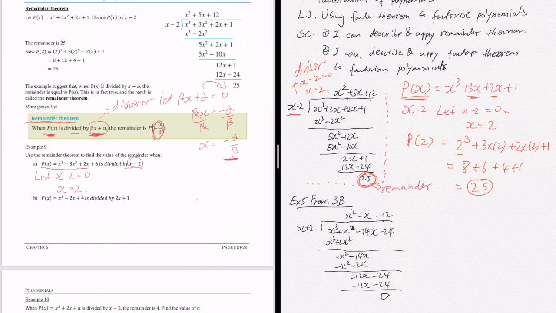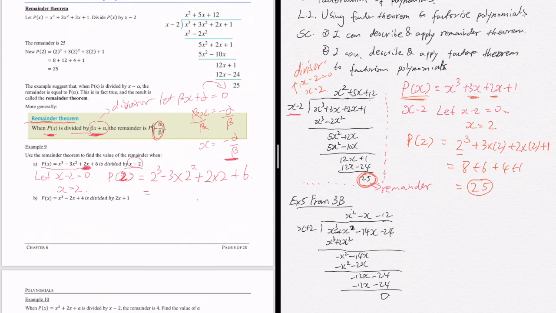Now if I substitute x equal to 2 into my polynomial function, I'll have 2 to the power of 3 minus 3 times 2 to the power of 2, and then plus 2x, where x is 2, so plus 2 times 2, and plus 6.